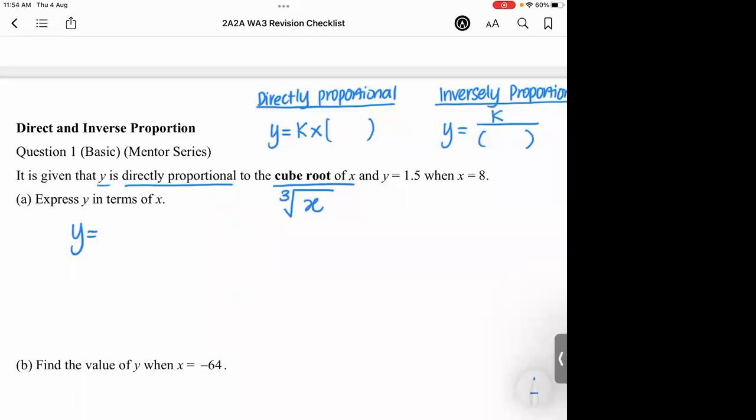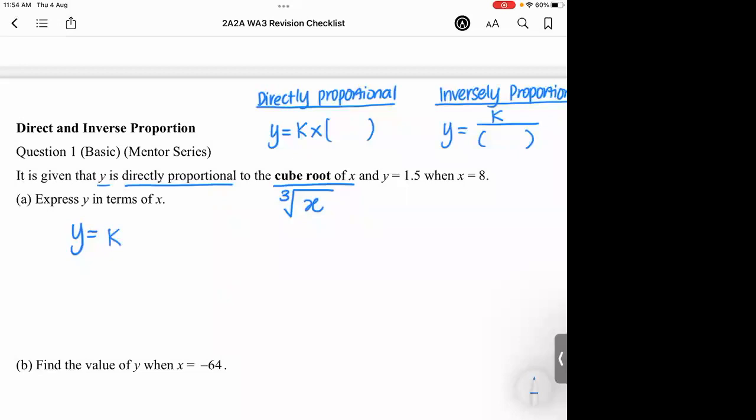Danish's screen suddenly disappeared. K times or k divide? Anyone? Ask Terence. Directly proportional, k times or k divide?